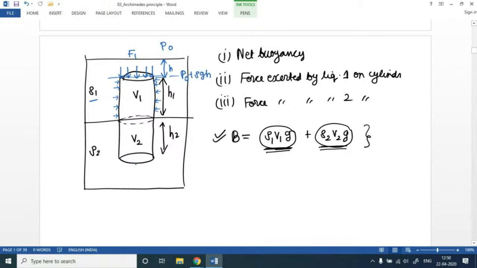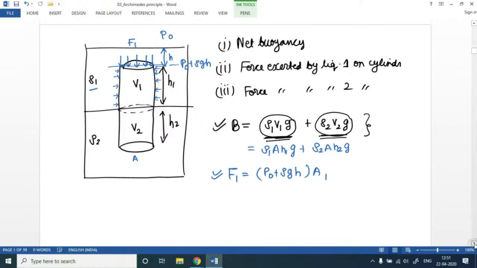Let's say the cross-sectional area of this cylinder is A. V1 here we could have written in terms of A and H1 as rho 1 A H1 times G plus rho 2 A H2 times G. Now F1 will simply be equal to this pressure, P naught plus rho GH, into this area. So that is the force exerted by liquid 1.